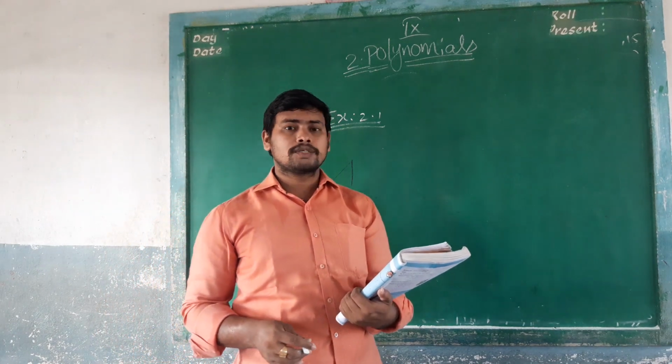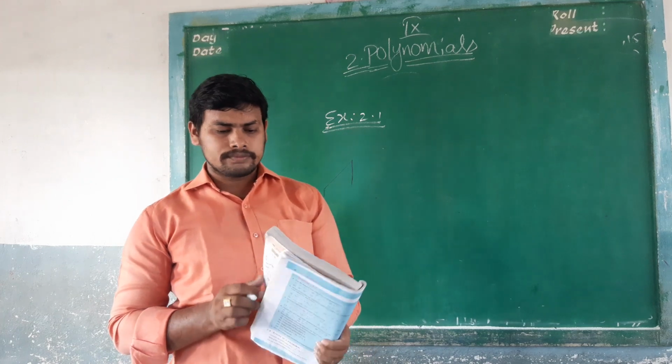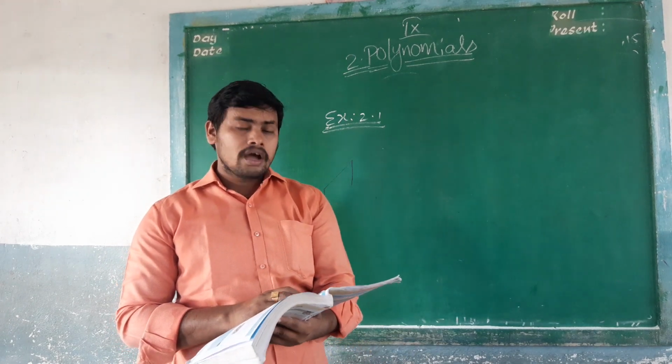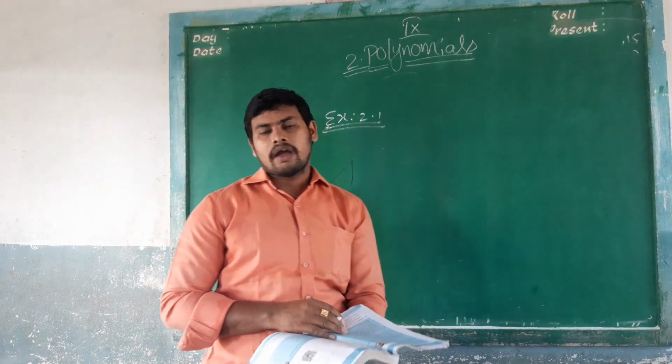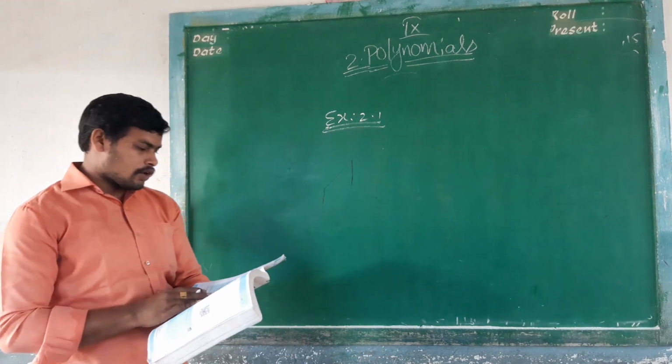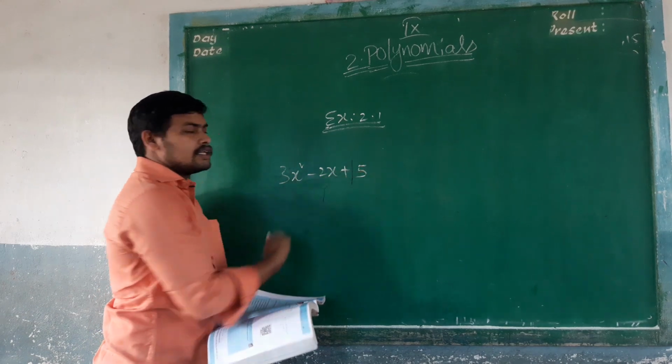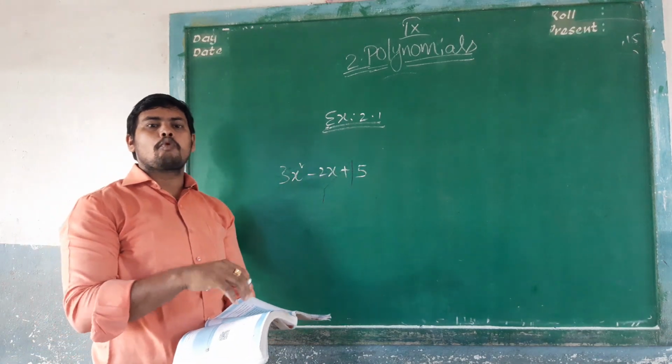Which of the following expressions are polynomials in one variable, and which are not? We already know that. First one, 3x square minus 2x plus 5. First of all, we have to check whether it is a polynomial or not.